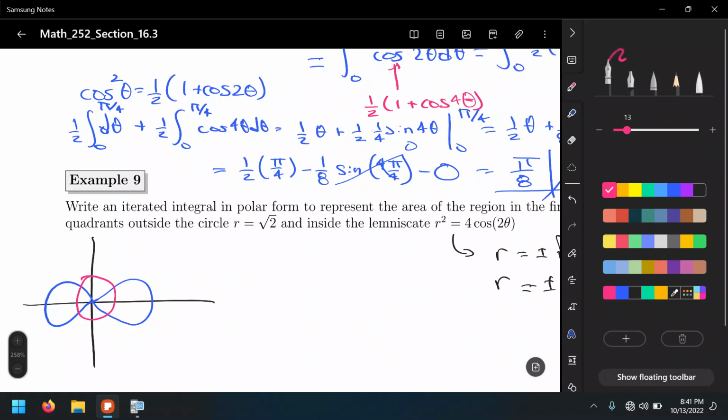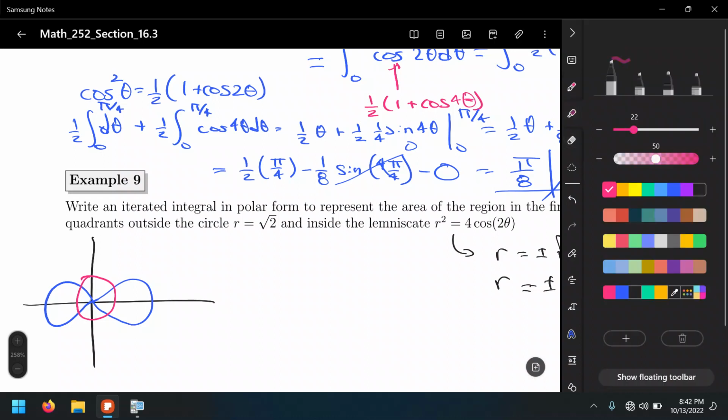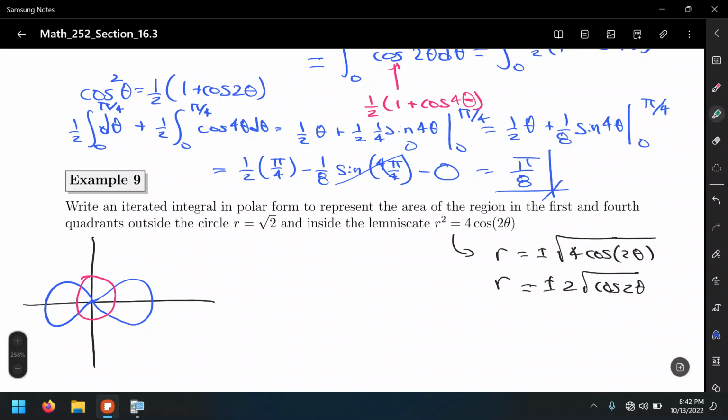Now they're asking us for the area outside of the circle, but inside of the lemniscate, but only in the first and fourth quadrants, which is essentially only this area. All right.